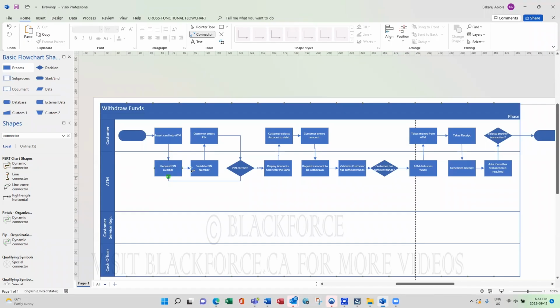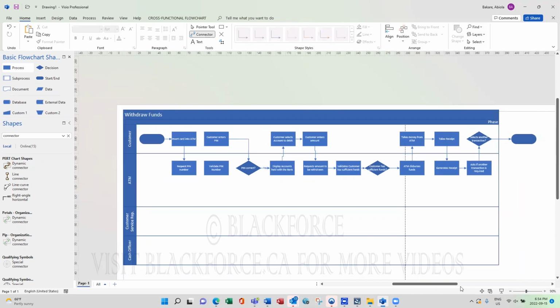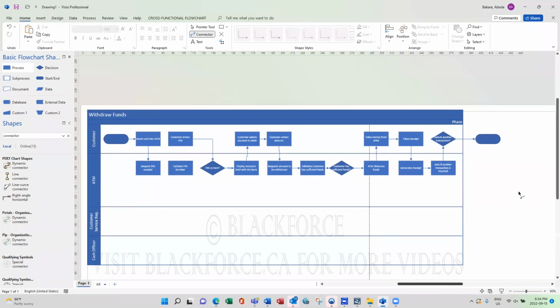So customer re-enters PIN, ATM does validation, request PIN, no. So this is even wrong. So I'm just going to delete, we'll redo all of that. From request PIN, we go to customer enters PIN, not validate PIN number. Okay? So I'm just going to create more space for myself to work with.